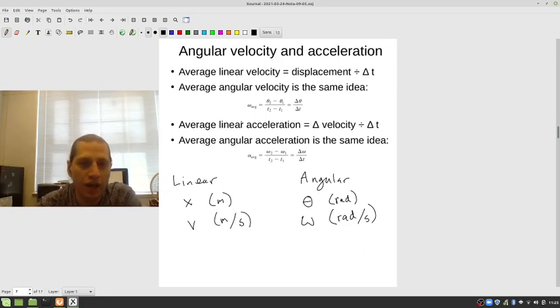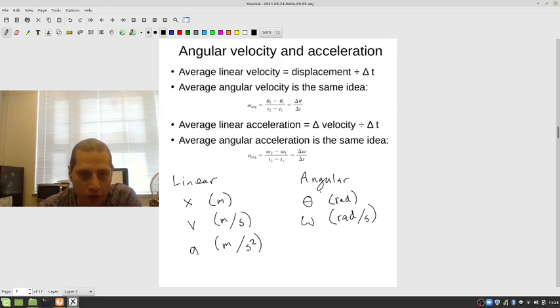Now, if we wanted to talk about how much is my velocity changing per unit time, well, in linear terms, we had the acceleration, which was meters per second per second.